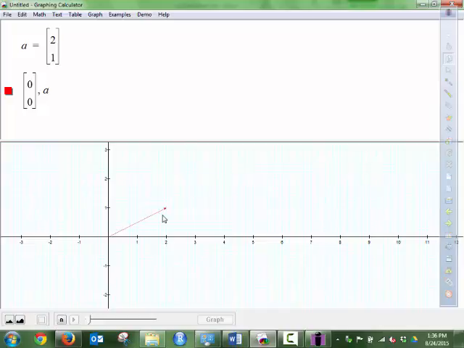Okay? Now, remember the idea of scalar multiplying is that if you multiply something by a scalar, all you're doing is you're stretching it out.